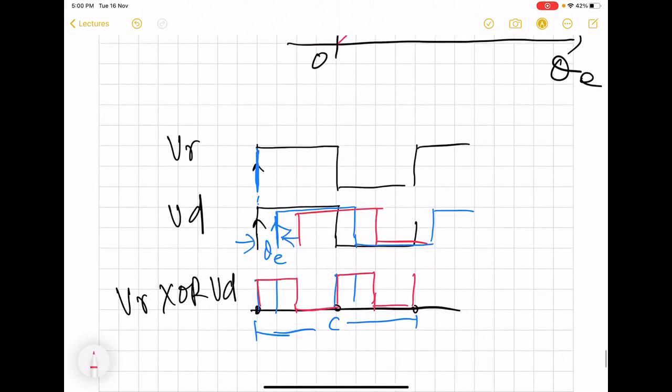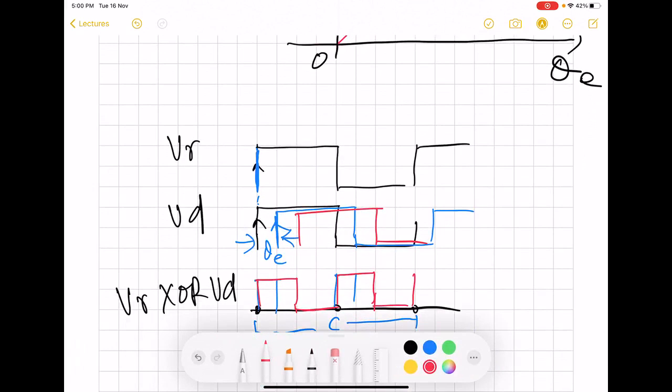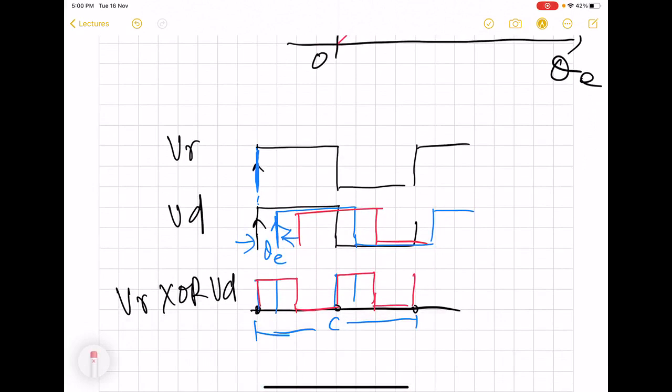Then the question arises, to what extent will this increase? Here we can see that the maximum shift that we can introduce between these two signals is equal to pi. In that case, we will have this scenario. Our pulse, V_D, would have shifted like this. So this is the new V_D.